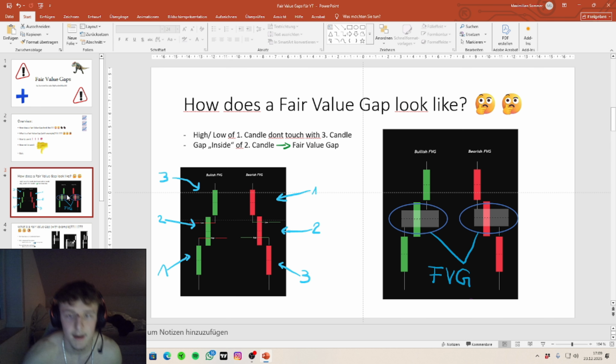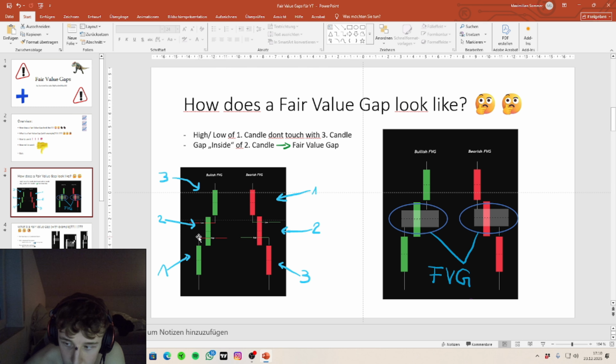So, how does a FVG gap look like? First of all, the high or the low of the first candle cannot touch the high or the low of the third candle. In this bullish FVG gap example, we have the first candle right here, and this is the high of the first candle, and this is the third candle, and this is the low of the third candle.